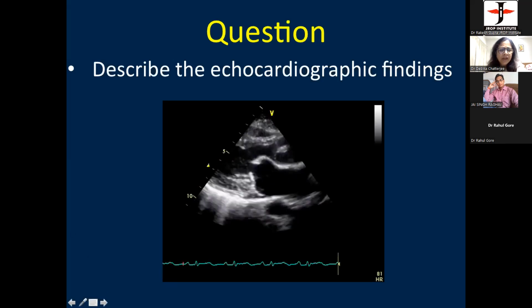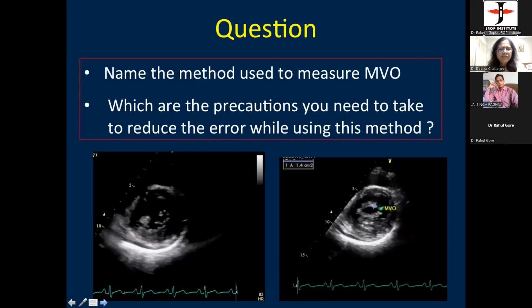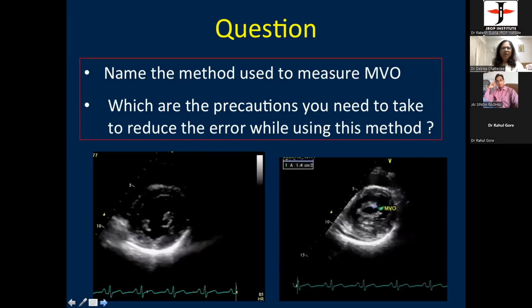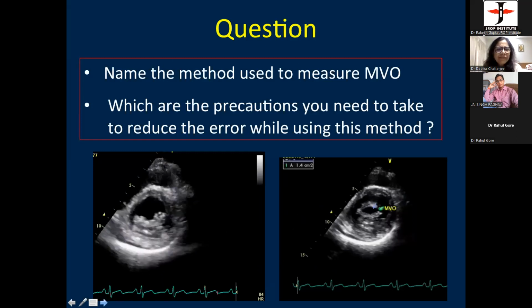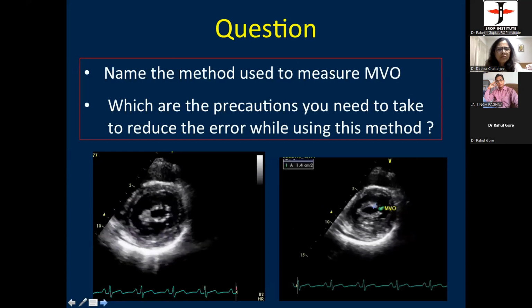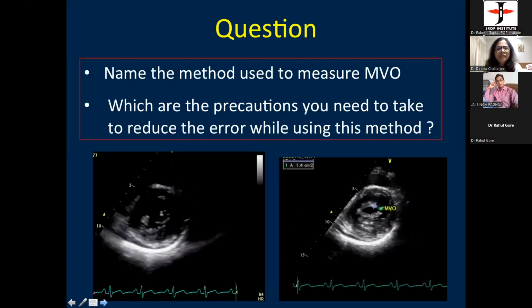Okay, fine. Next question. Who will take the next question? Next question is Dr. Shrikant Rajvilas Gote. Okay, Dr. Gote. Rahul, can you silence your mic? Dr. Shrikant Gote.